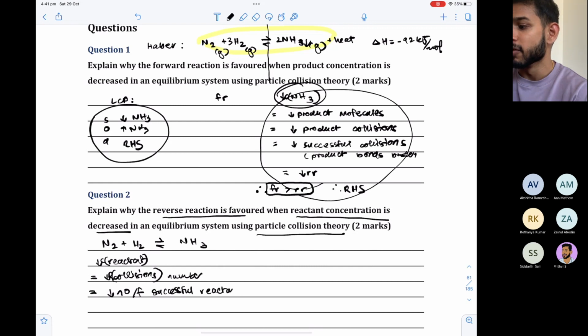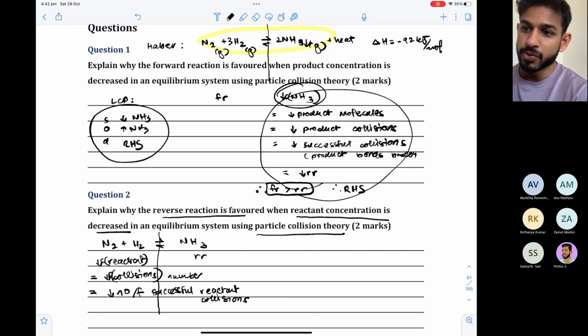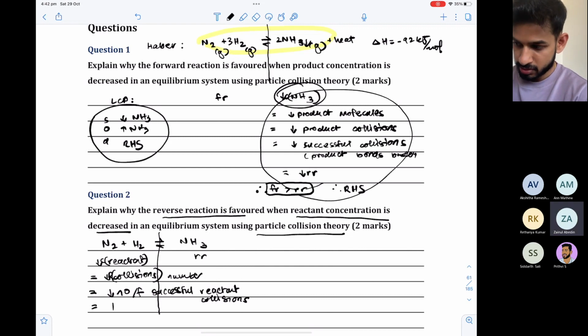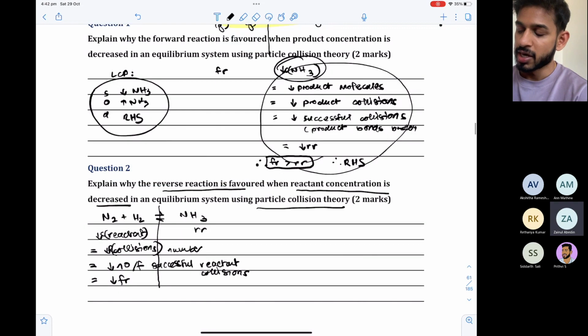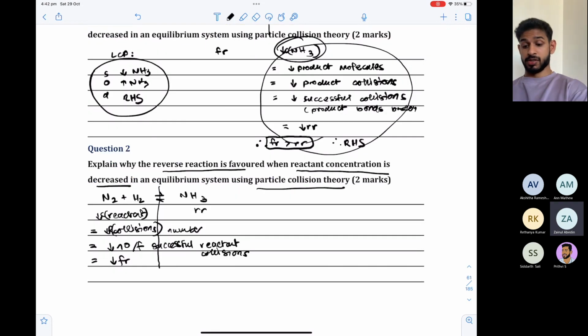What does that do for the forward reaction rate versus the reverse reaction rate? Remember, the reverse reaction rate is unchanged. That's on the right-hand side. What's happened to the forward reaction rate, Zainul? Wouldn't it decrease because there's a decrease in concentration of the reactant? Now, the forward reaction rate is less. The reverse reaction rate is greater.